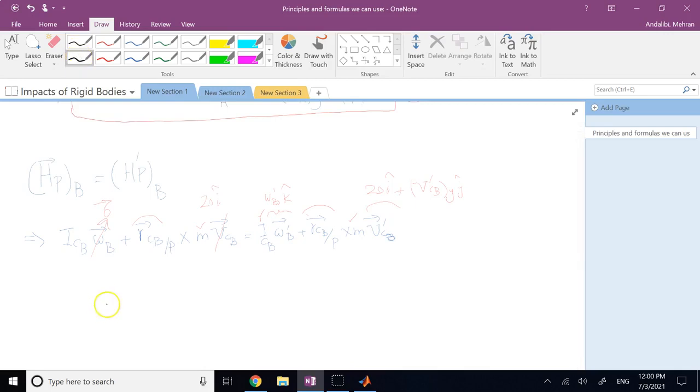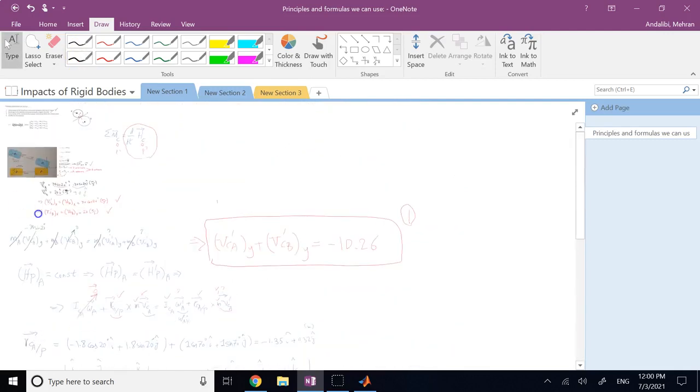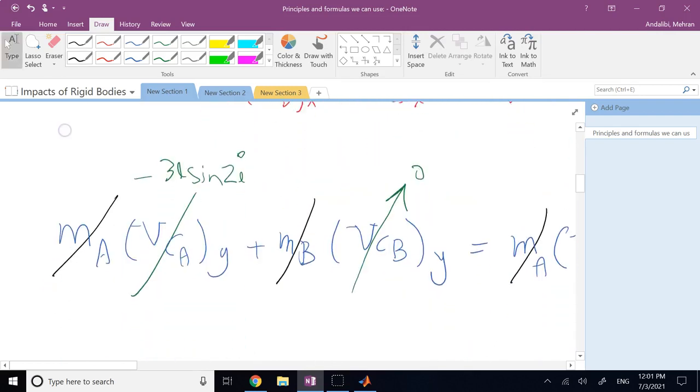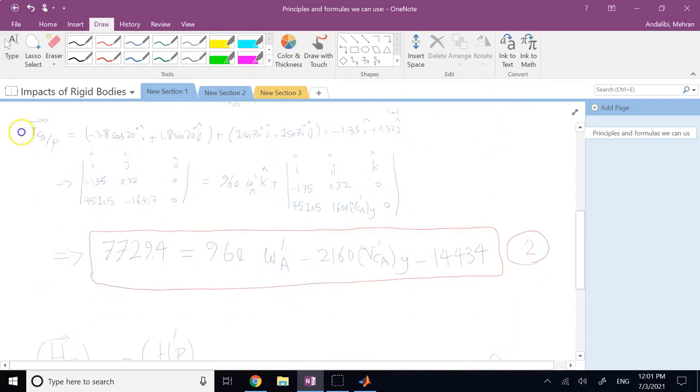As I said, the only thing we need to do is R of C of B with respect to P, which again we have to go back to our diagrams. And since P is here, that is the center, this is this vector, R of C of B with respect to P, which is very easy because this object is not tilted, so it's simply negative 1.8I and negative 1J. Okay, so that is much simpler.